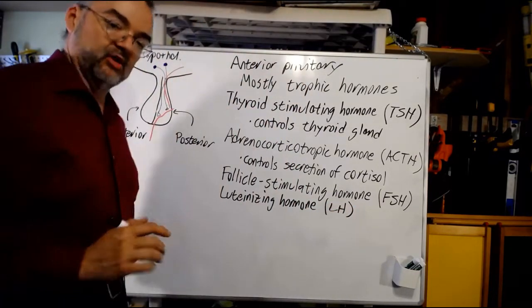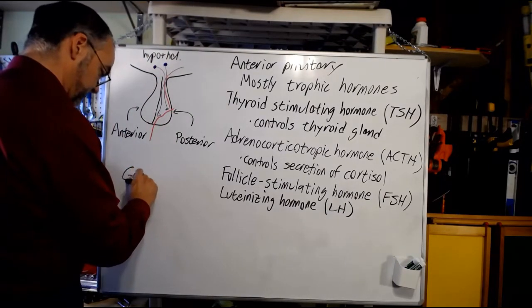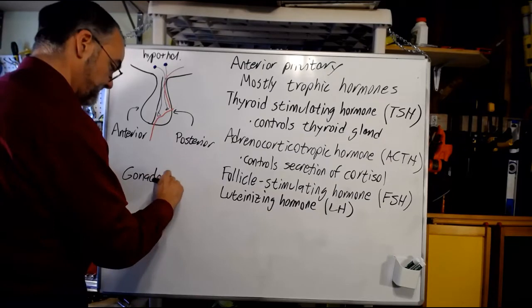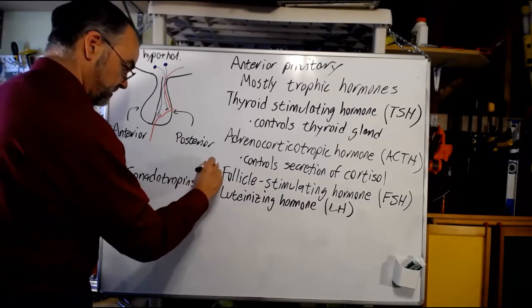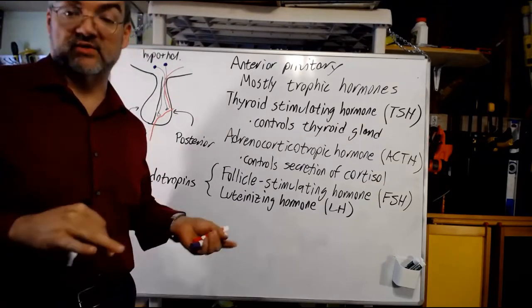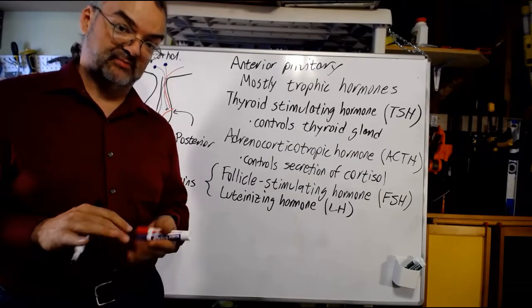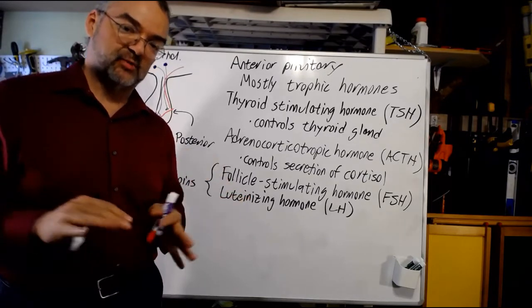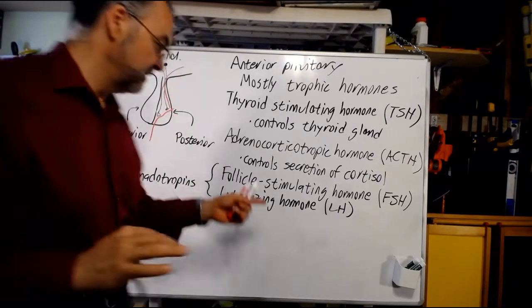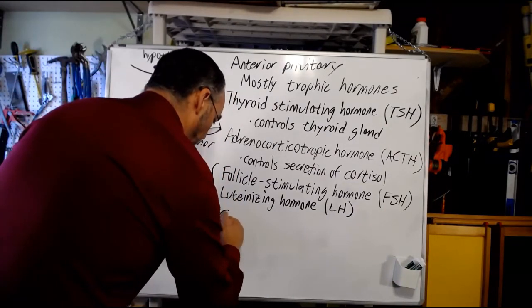These are sometimes called gonadotropins, because they target the gonads, the ovaries or testes. They are involved in regulating the menstrual cycle in people with ovaries, and they're involved in sperm production in people with testes. So, there's 4 of them. 2 more. Growth hormone.